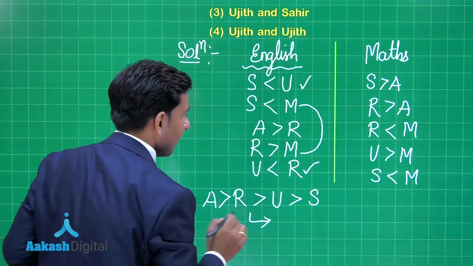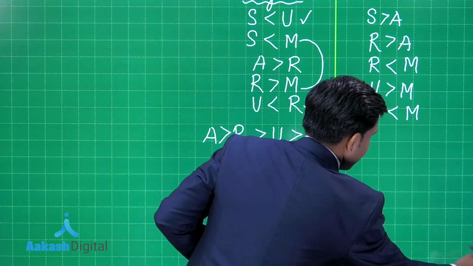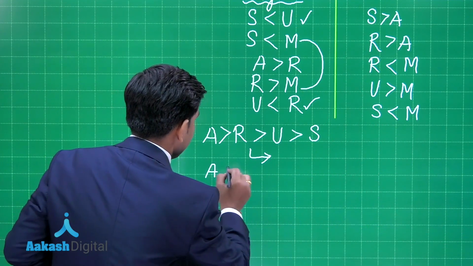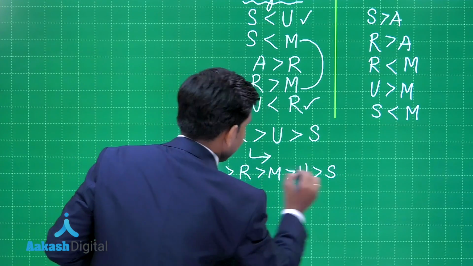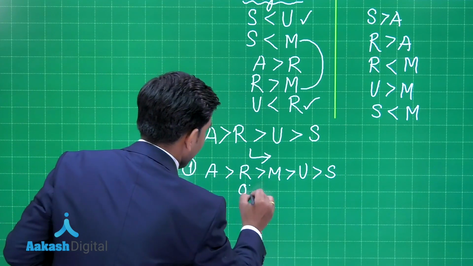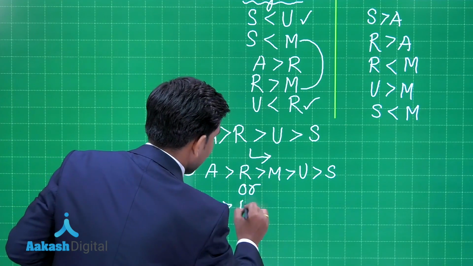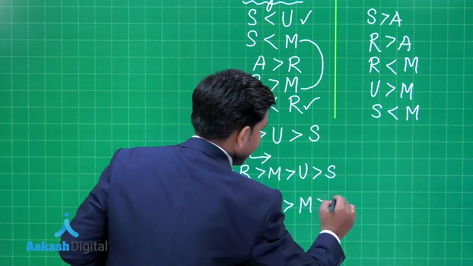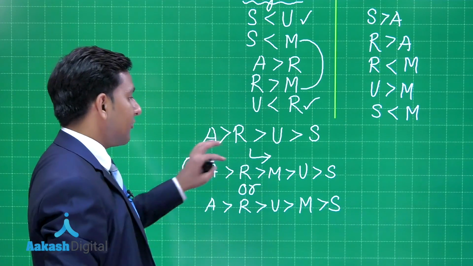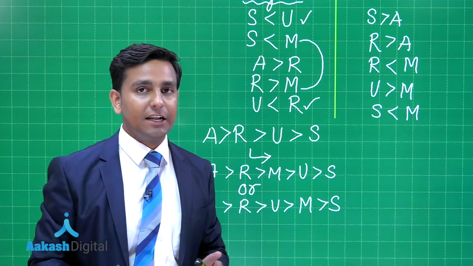That means we have two possibilities. So first one, A is greater than R is greater than M is greater than U is greater than S for English, or A is greater than R is greater than U is greater than M which is greater than S. That means we have two distinct possibilities for English.